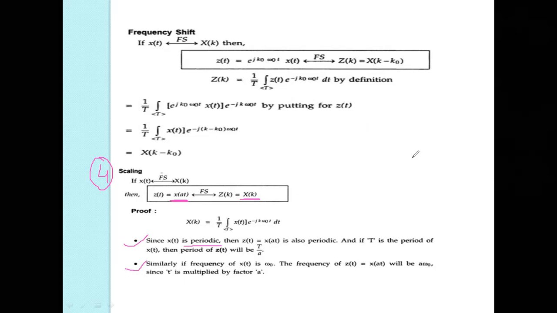Once again, the Fourier series is used to analyze periodic signals only. See, x of t is periodic. If x of t is periodic, then z of t equal to x of at is also periodic.